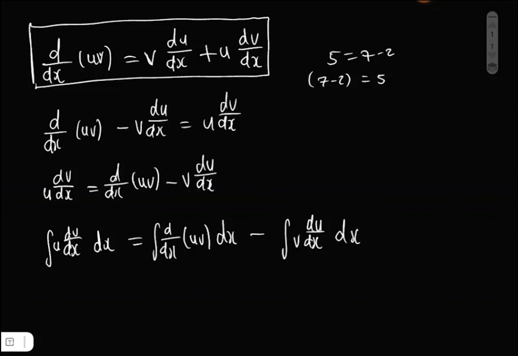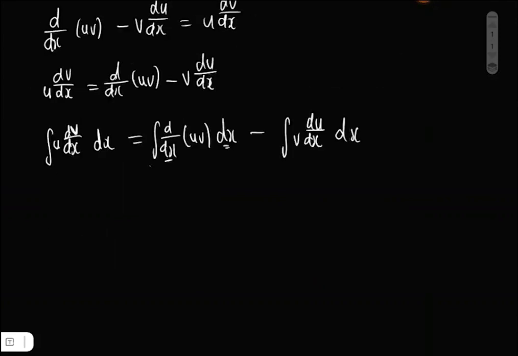All you have to do is rewrite this: the integral of u dv dx with respect to x is equal to the integral of the derivative of uv, which is d dx of uv.